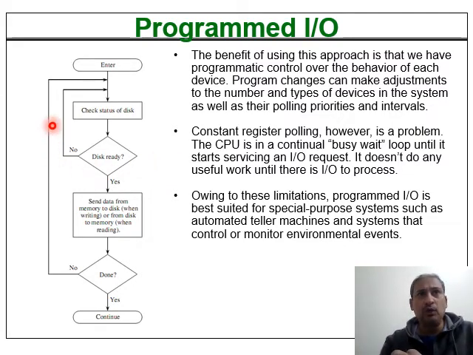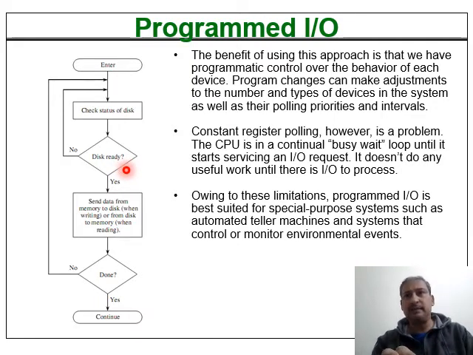So this first loop that you can see over here, or the inner loop, is executed as many times as is required before the disk actually becomes ready to transfer the data. Now, let us assume that the disk, or the device, whatever we are talking about, the input device or the output device, is now ready for the data transfer.